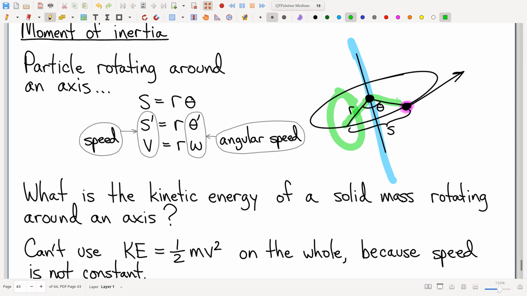Now you're going to notice that I drew this axis deliberately tilted. I didn't draw it as being vertical. That means that this R right here is not necessarily the z-axis.